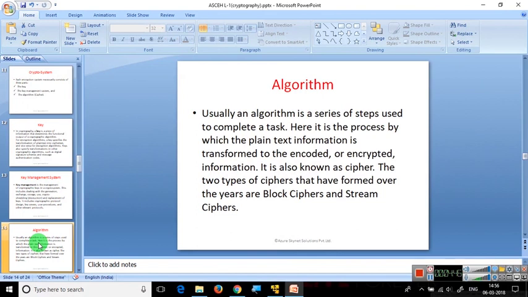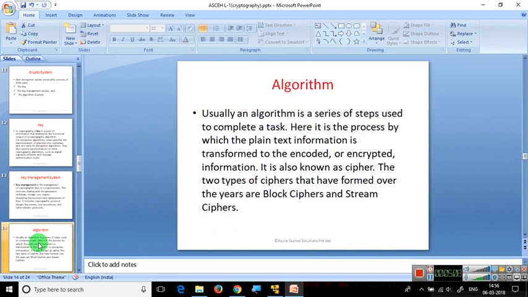In short, an algorithm is a process by which plain text is converted into ciphertext. It's the way you encrypt your actual message into a code word.